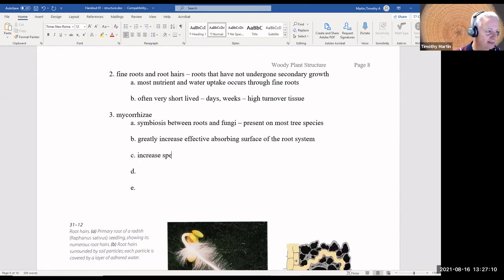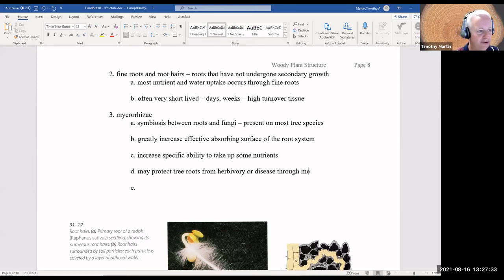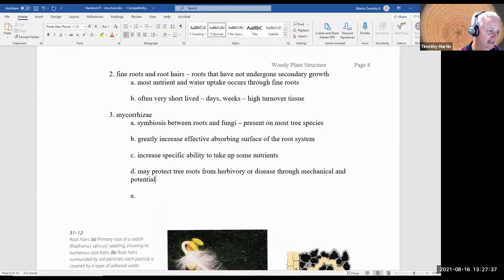It may increase the specific ability to take up some nutrients, and it may protect tree roots from herbivory or disease through mechanical and potentially biochemical protection, but that's not well known.